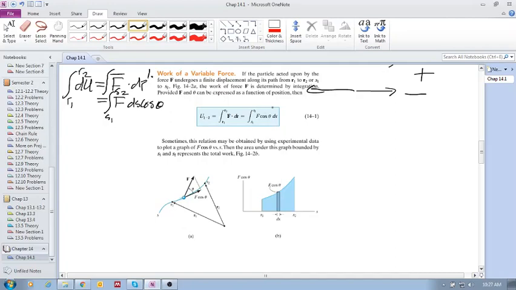Now, this is the most general way of expressing the work, meaning that from this expression here, you can solve any work problem. Okay? The following expressions for work are more specific to different types of situations.